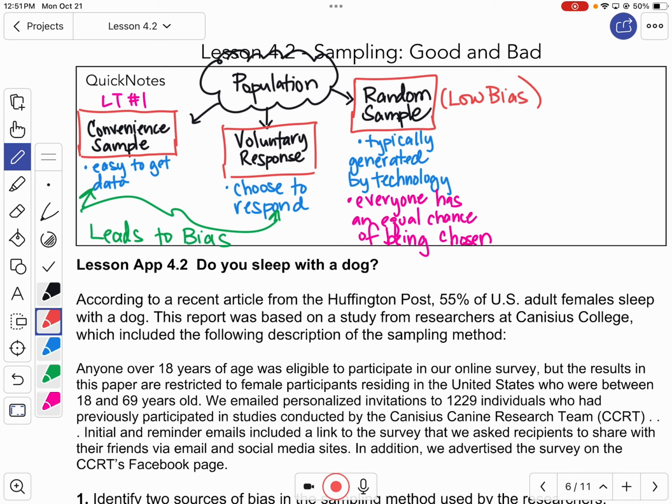And that's what we want. We want the least amount of bias as possible. So those were our 3 learning targets today. And bias skews our data. It overestimates or underestimates the truth.